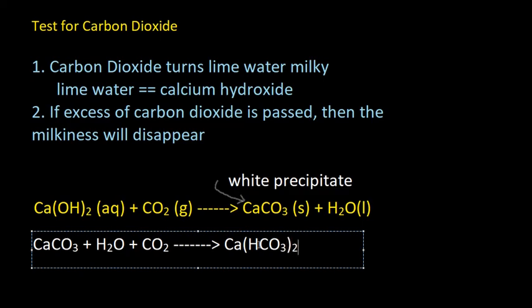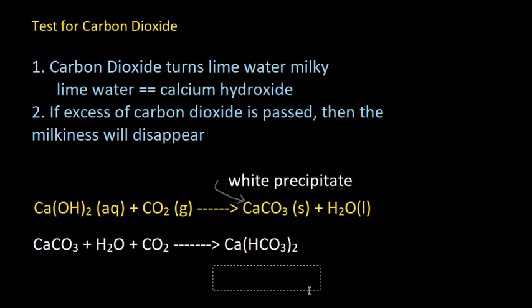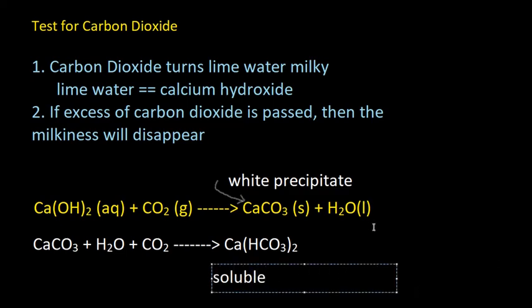Okay? And this calcium hydrogen carbonate is soluble in water, right? So we'll write that this is soluble in water, and since this is soluble in water, so what happens?